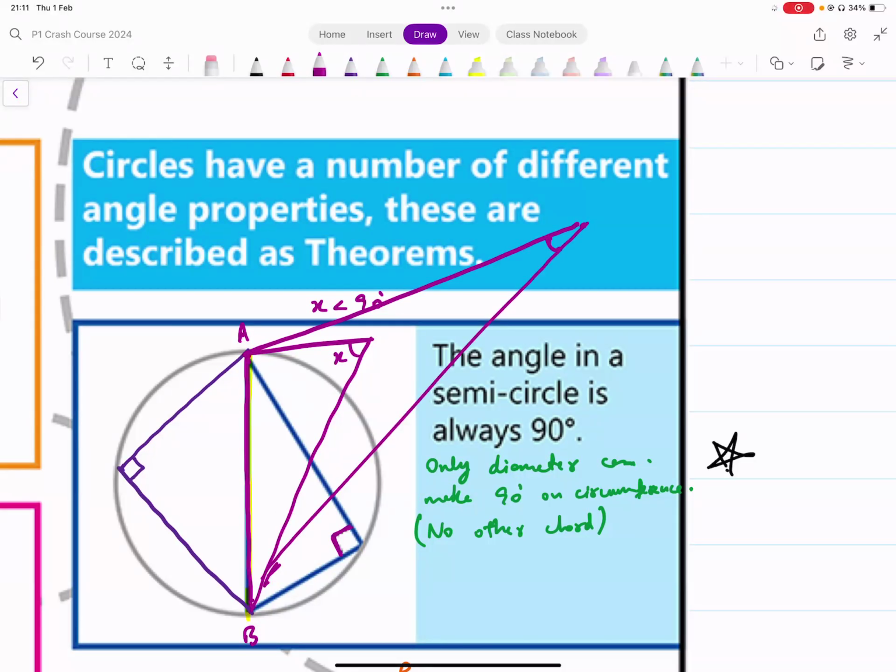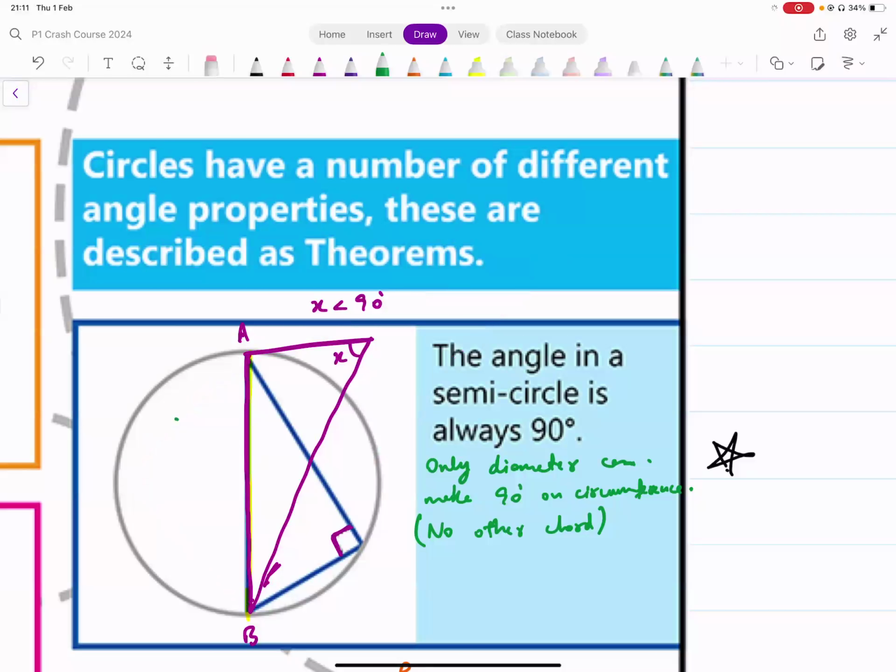So if the point is outside the circle, the angle made by the diameter would be less than 90. And if the point was inside the circle, if I had this point, what about this? If I call this y, y would be more than 90.